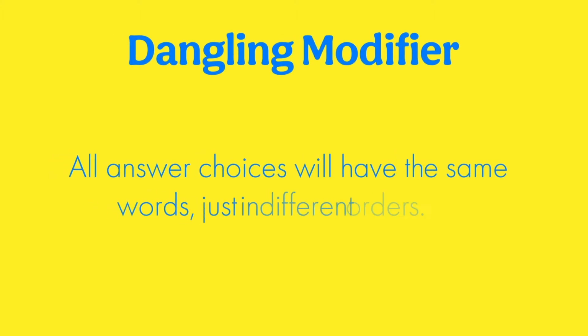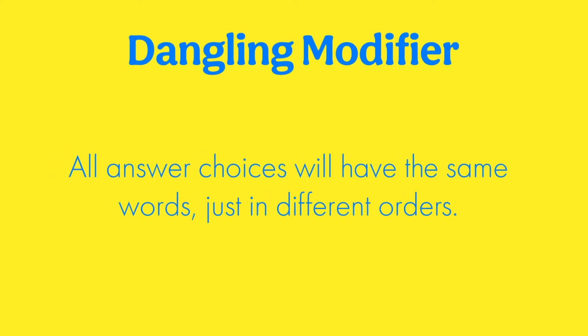So first thing is, how do we recognize these questions? Well, dangling modifier questions come in a certain form. The answer choices will all be the same words, but they'll just be in different orders. So if it's a modifier question, you're going to have the same set of words in the answer choices, pretty much all the same length, but the words will just be in different orders.